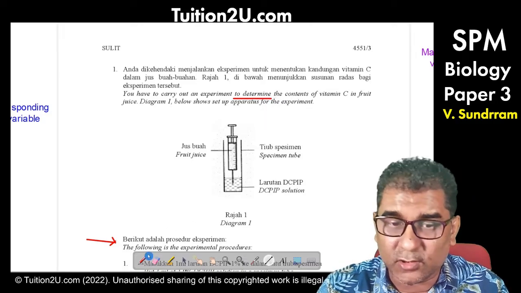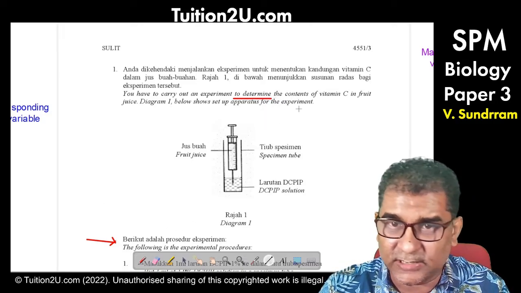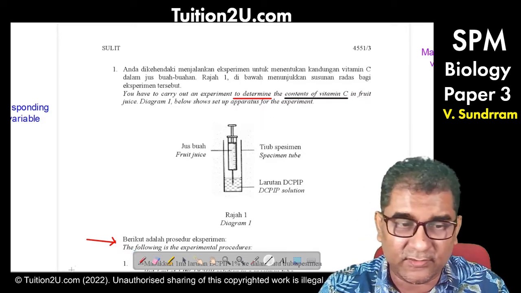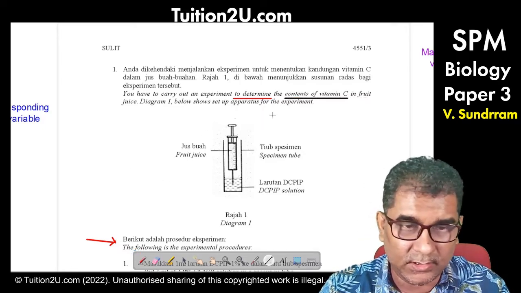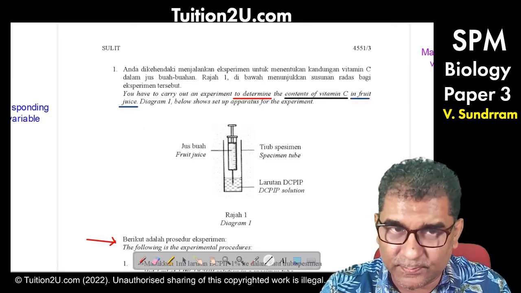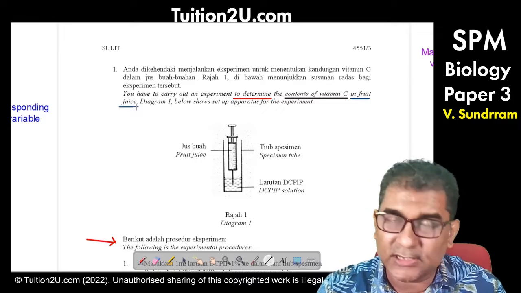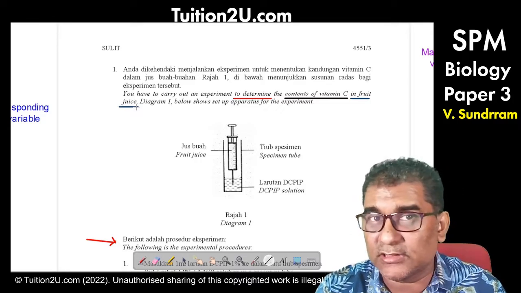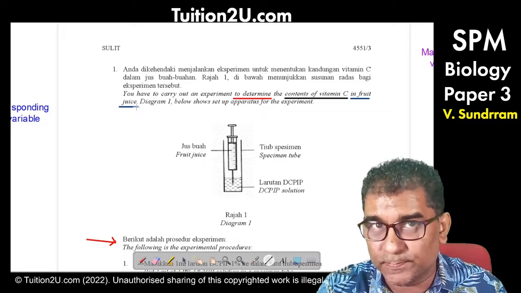So to determine the contents of vitamin C in fruit juice. So the first paragraph here is very important because it tells you what the whole experiment is about. You are supposed to determine the contents of vitamin C in fruit juice.